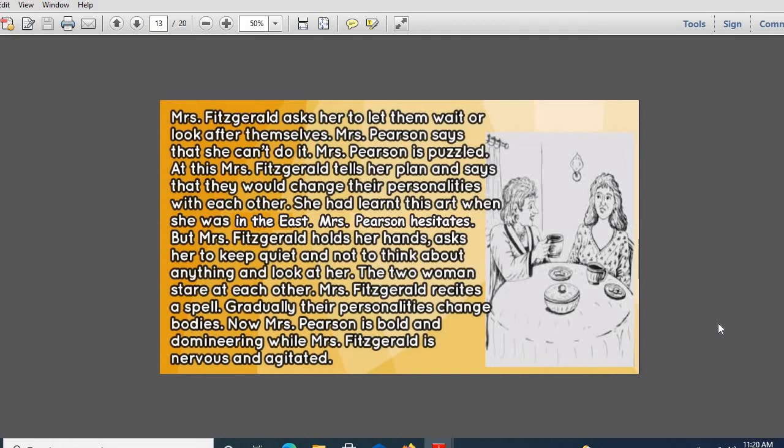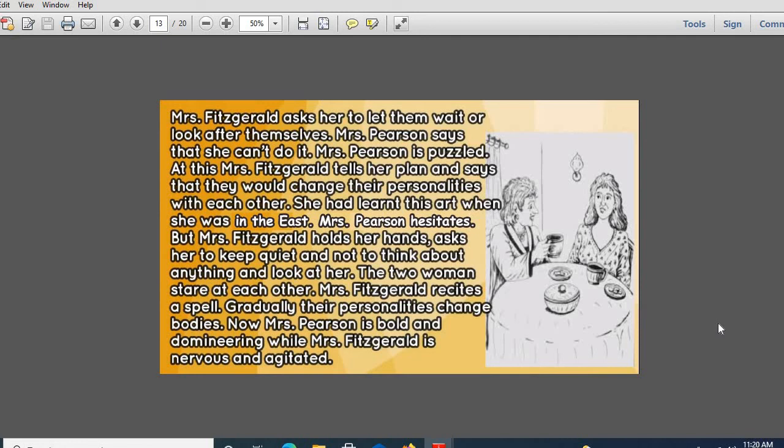it will create a lot of humor when the other characters, particularly Doris, Cyril, and last but not the least, Pompey Pearson or George Pearson, come one by one. Of course you will find that they will be shocked, totally puzzled or perplexed, because they haven't seen, from the point of view of Cyril and Doris, their mother drinking and smoking.